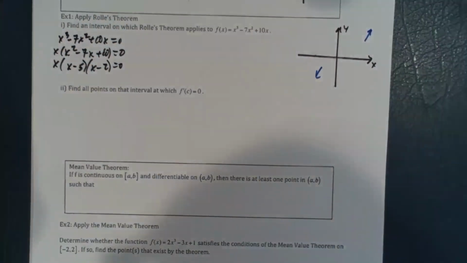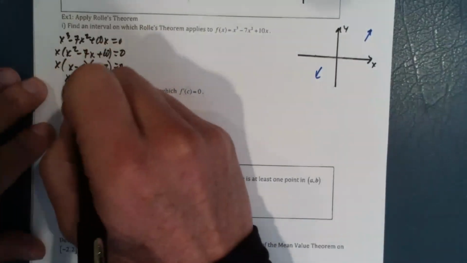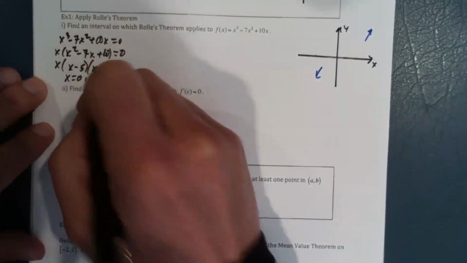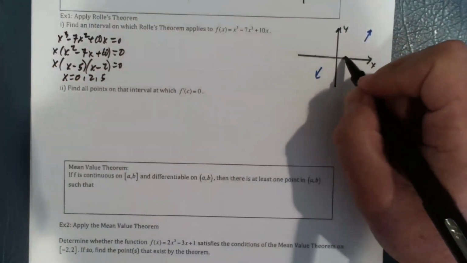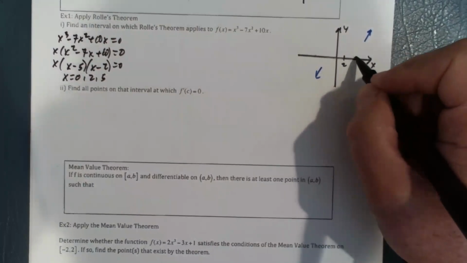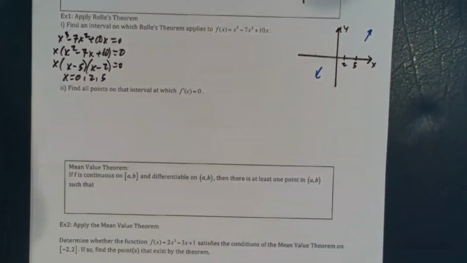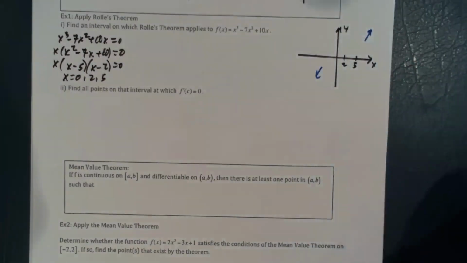So it's looking to me like our graph is crossing at 0, 2, and then 5. So 0 is here, we'll say 2 is here, 5 is here. So our graph is doing something like this.